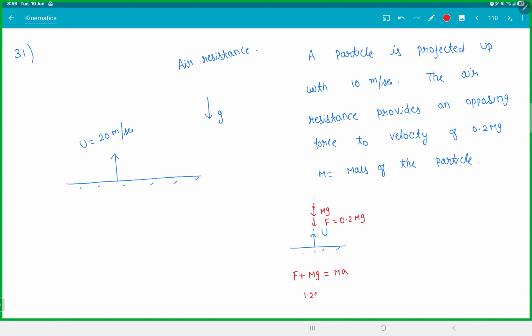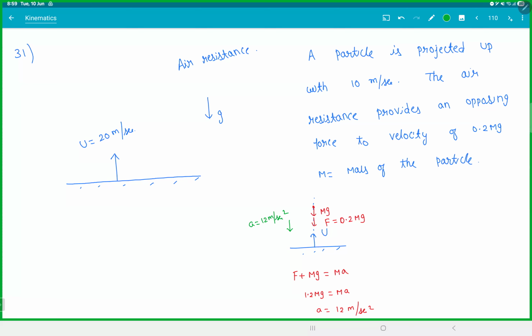So that will be 1.2 g is equal to ma. So we get a is equal to 12 meter per second square. That means when this particle is going up, it will experience an acceleration of 12 meter per second square. Technically, I should not be telling you this, but you don't know Newton's laws of motion, so I'll show you.